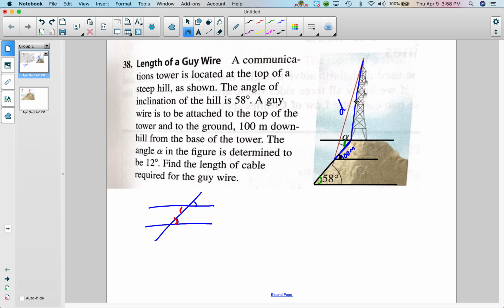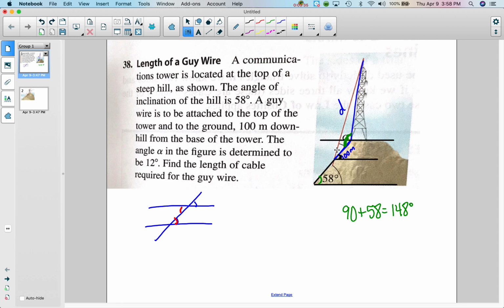And this right here, even though it's not looking extremely vertical, it is because it's a vertical tower standing on the hillside. So this little portion is 90 degrees. If you take 90 plus 58, you get 148 degrees. That's this whole angle right here. Notice that that angle is opposite side D.